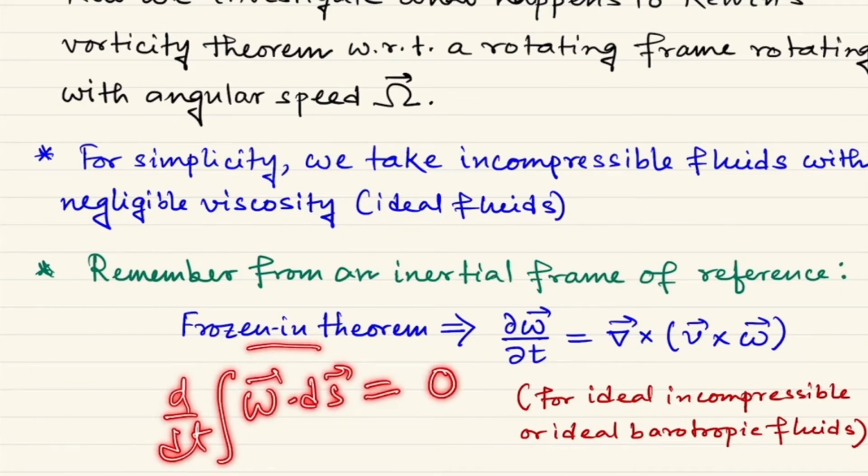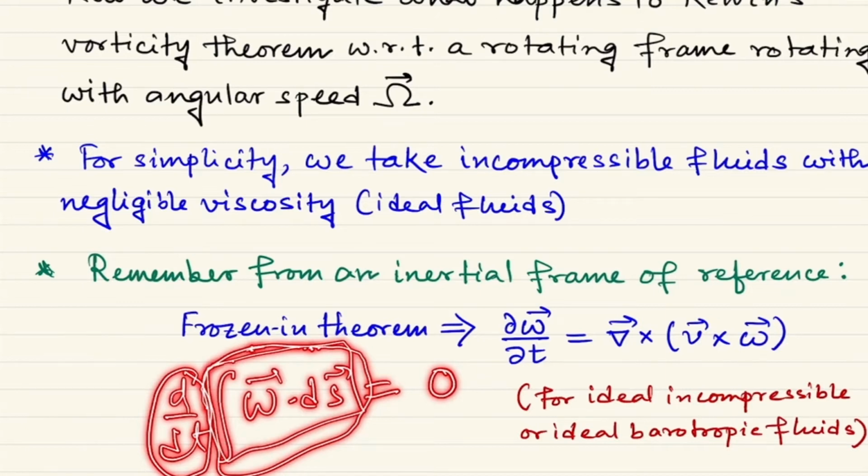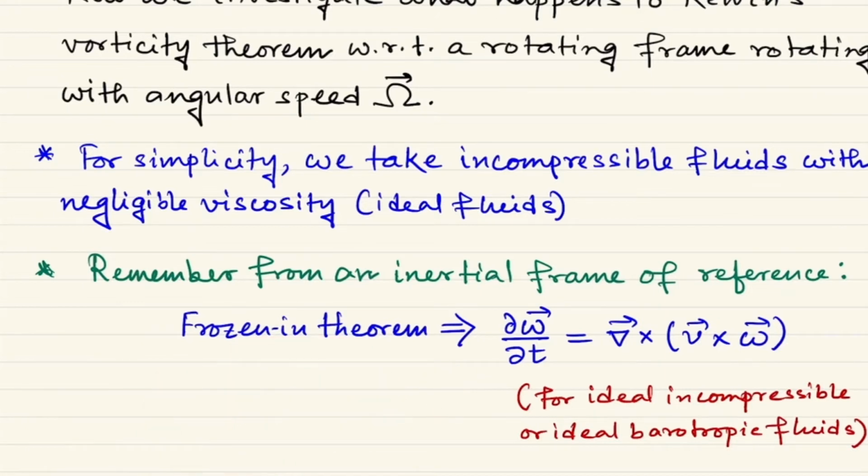That means the flux through any surface along the trajectory of a fluid particle, that's why this d/dt appears, will be constant. That means d/dt of this term will be 0. So that was the statement of the frozen-in theorem.